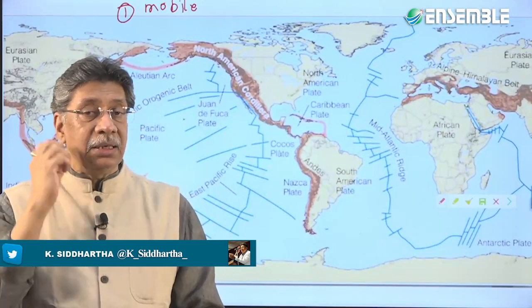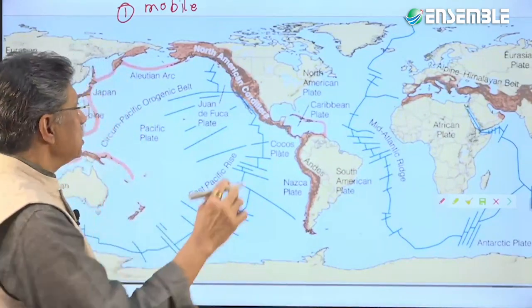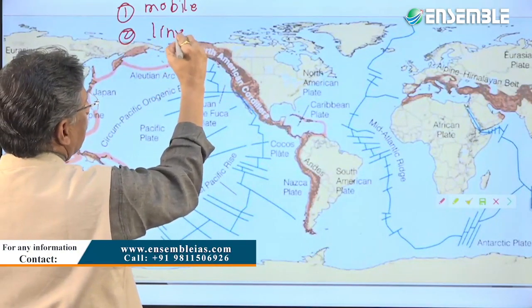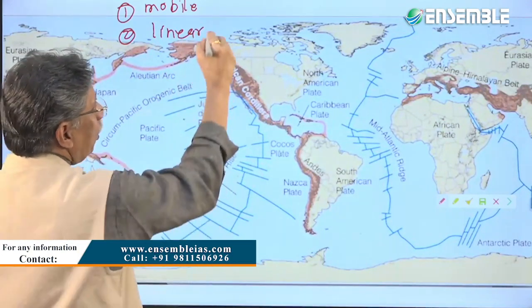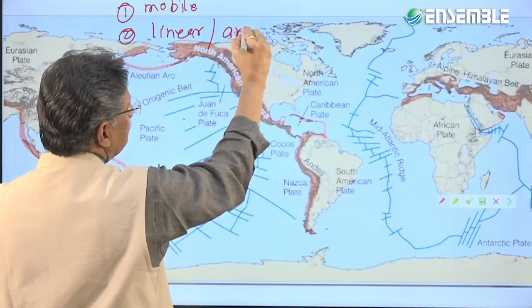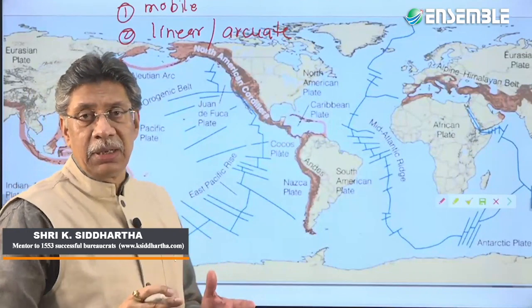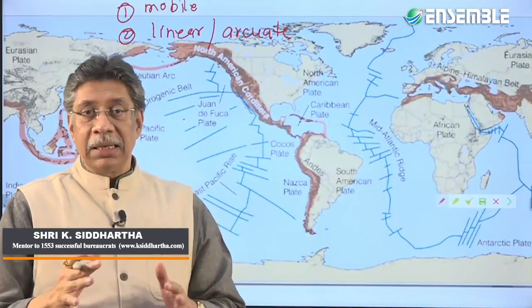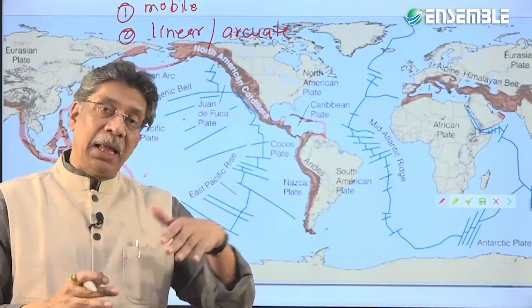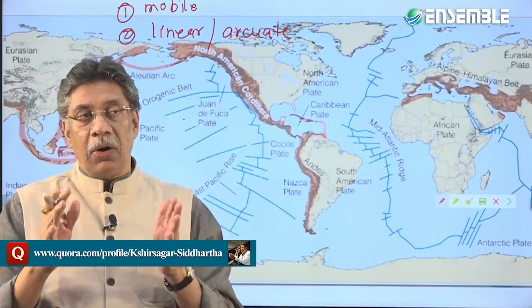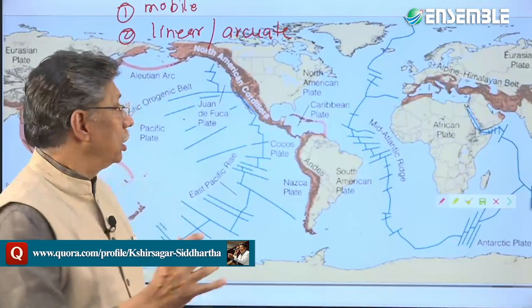They are arranged in a linear track. That is, their arrangement is going to be linear, or it is arranged in an arcuate track. Arcuate, that means in an arc-shaped manner. And they all have been, unlike platforms, unlike shields, unlike cratons, subjected to severe deformation.